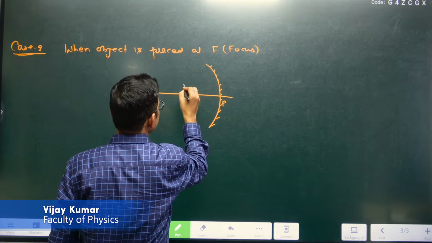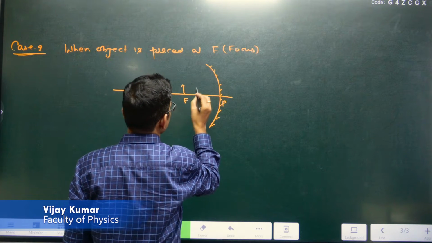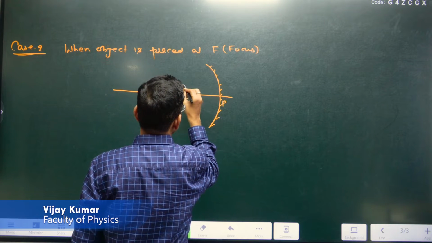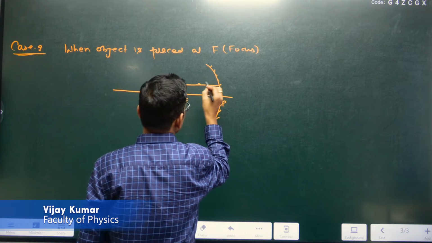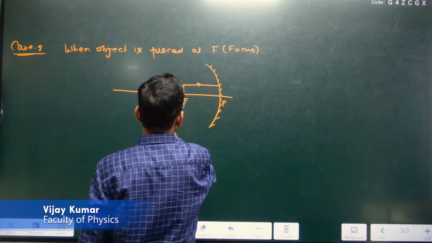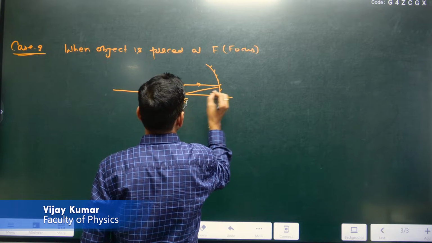Now the object is placed at the focus. Again the ray parallel to the principal axis, after reflection from the mirror, will pass through the focus.